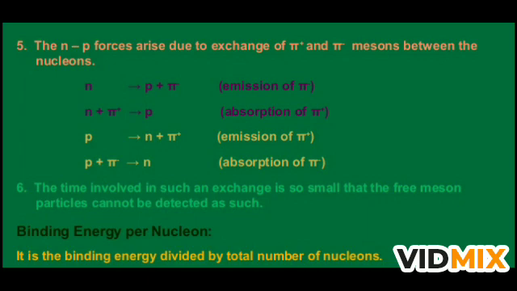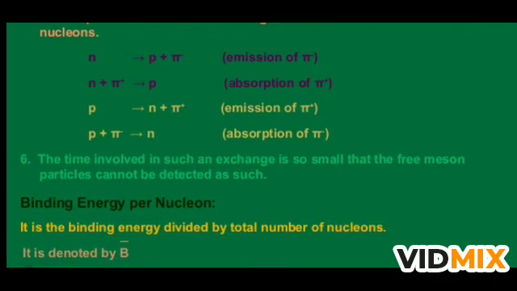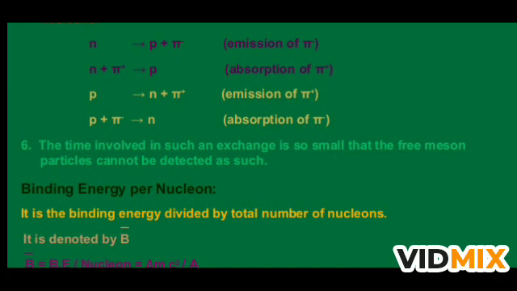Similarly, when a proton absorbs a pi negative meson, it converts into a neutron. So neutron and proton continuously exchange, and the time involved in such an exchange is so small that the free meson particle cannot be detected as such.